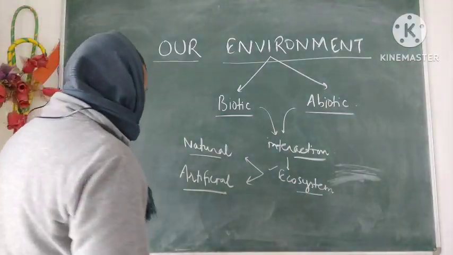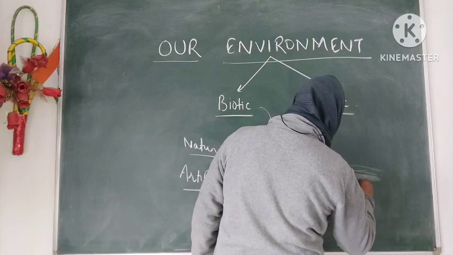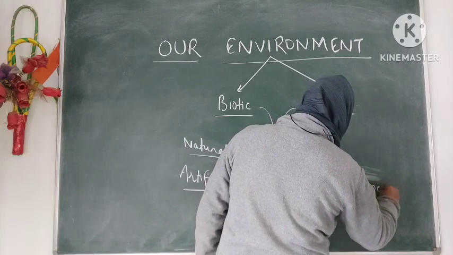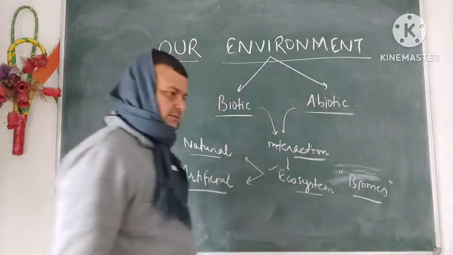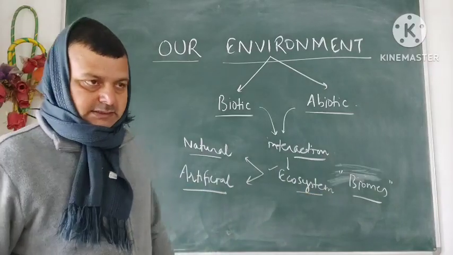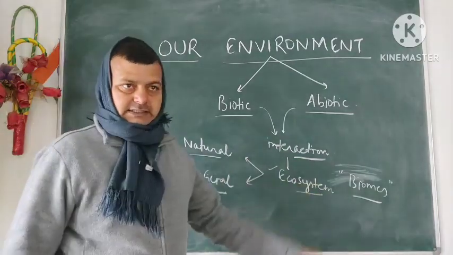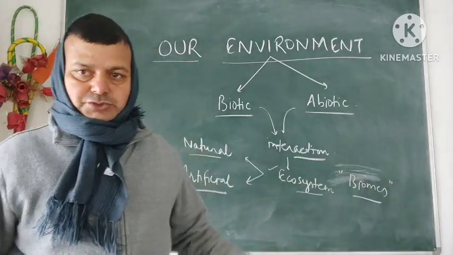The largest ecosystems are known as biomes. So the term biome comes from the ecosystems which are on a larger scale. A big grassland, a tropical region, an ocean.